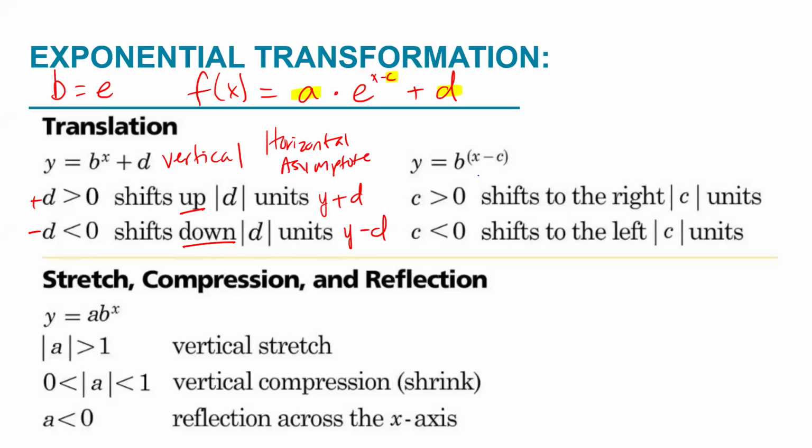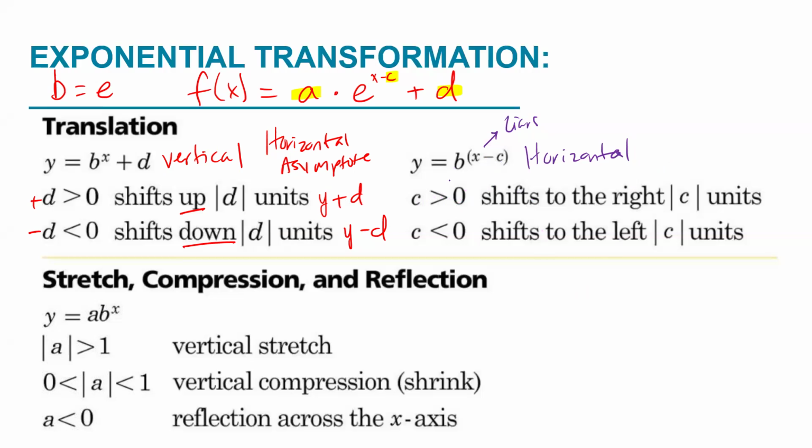Okay. Now we're going to go into our C. What we need to remember about C is, X's are liars. This is our horizontal translation, meaning are we going left or are we going right? So when it says C is greater than 0, what you're really looking at is just C by itself, not the minus, just C by itself.